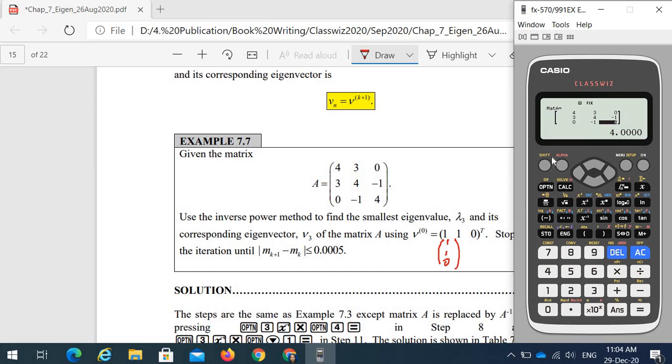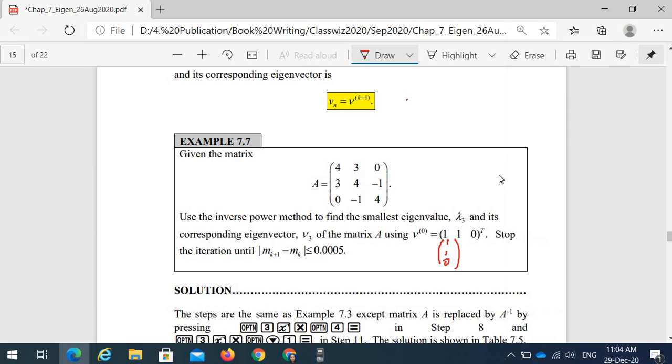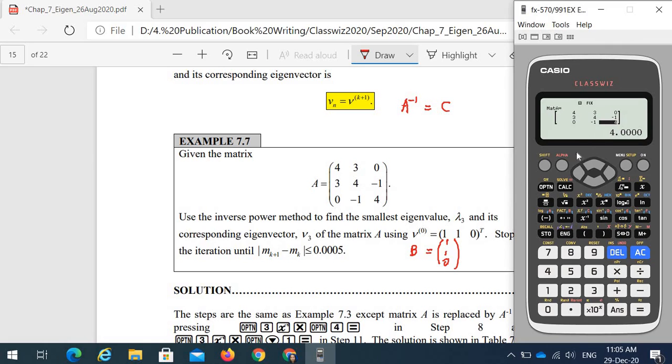I will keep my A inverse in a matrix C. B, as in the previous video, I keep as B. So define matrix C, 3 rows, 3 columns.